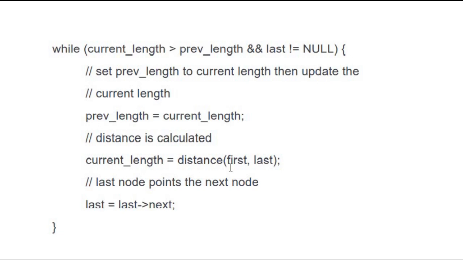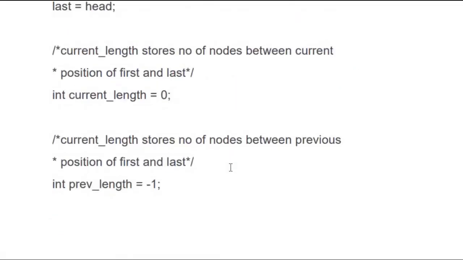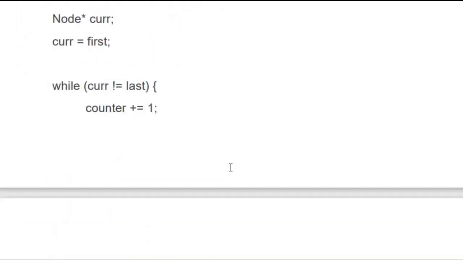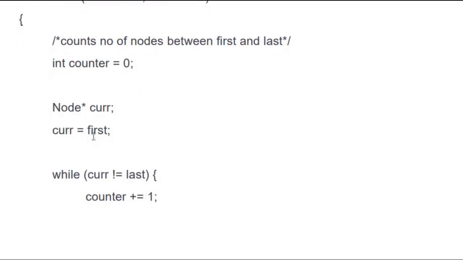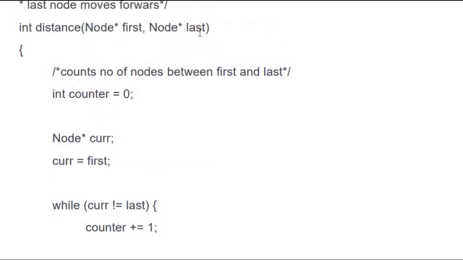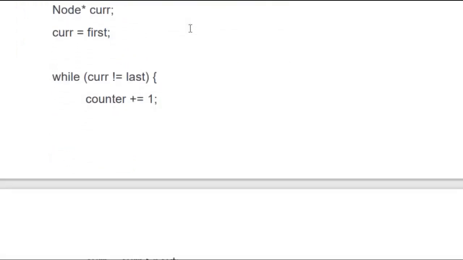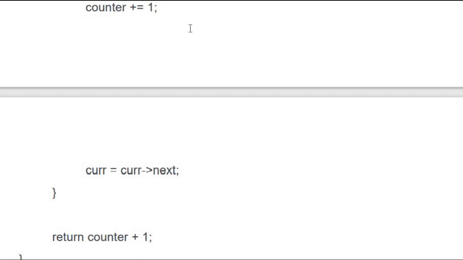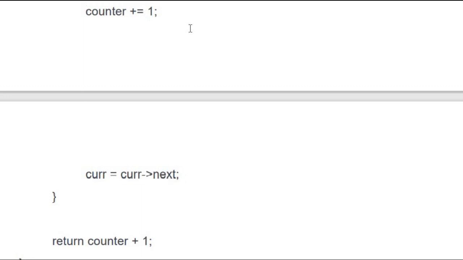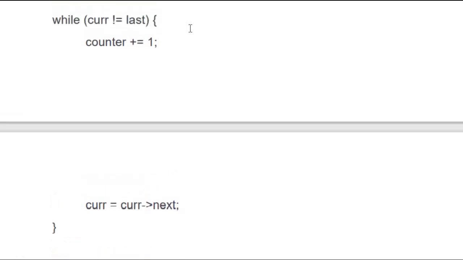The function which we are going to use to calculate distance is coded right here, where we choose a first pointer which is pointing to the first node, and a pointer last which is pointing towards the last node until which we have to find the distance. We keep on iterating until we reach last, and when we reach last we return the value of how many nodes we have encountered, which won't include the node last itself.